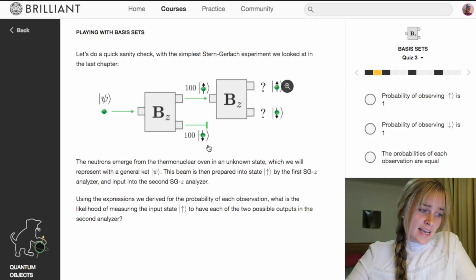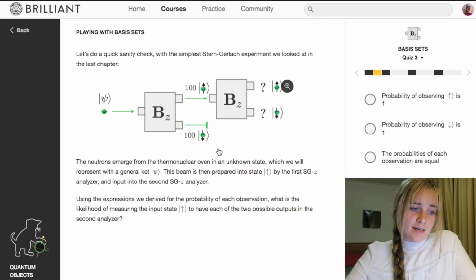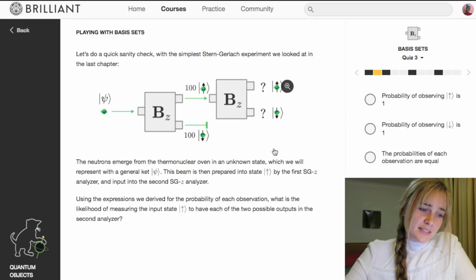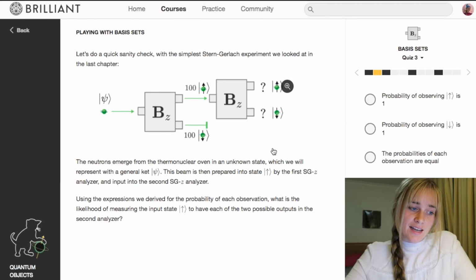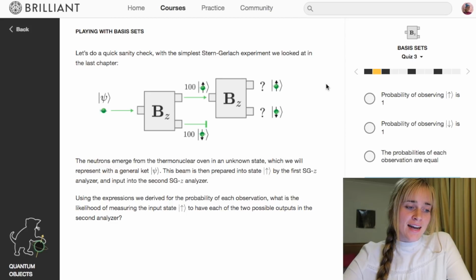And the first analyzer here is separating them into spin up and spin down, I believe, and then they're passing into a second analyzer. So essentially we're being asked to use those expressions we've derived for the probability of each observation to figure out the likelihood or the probability of each of these question mark states.